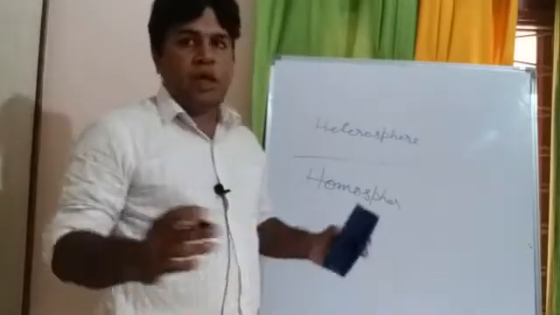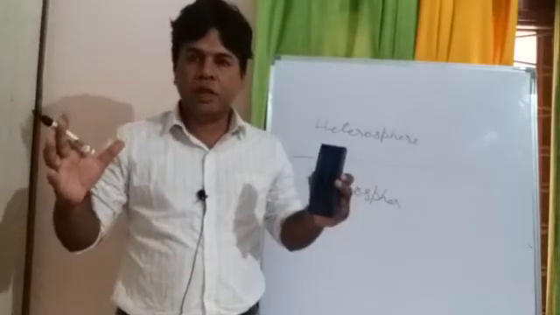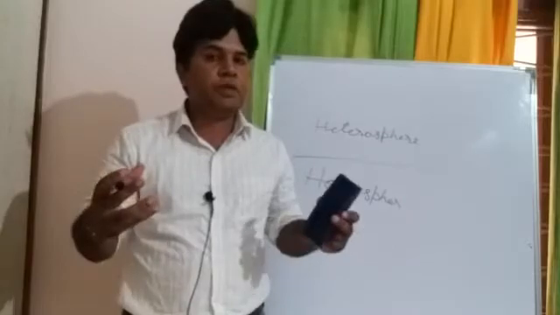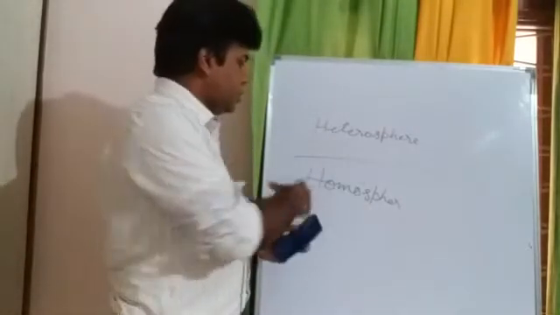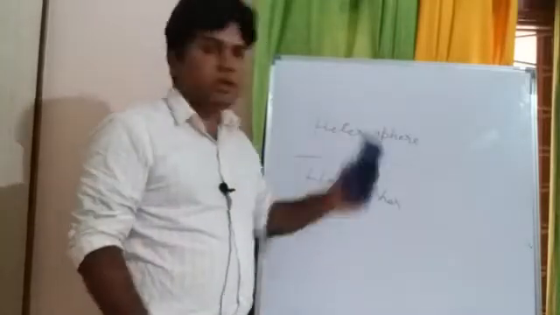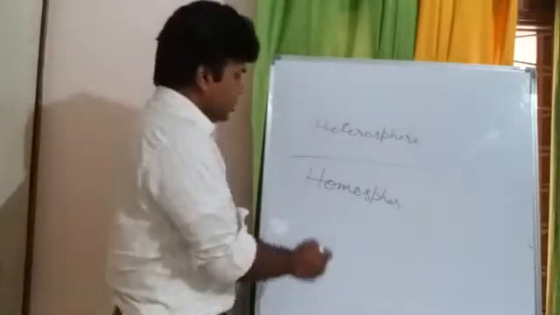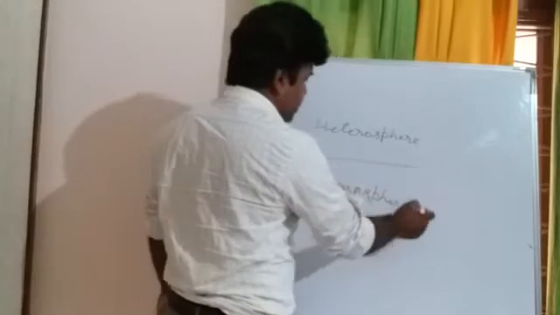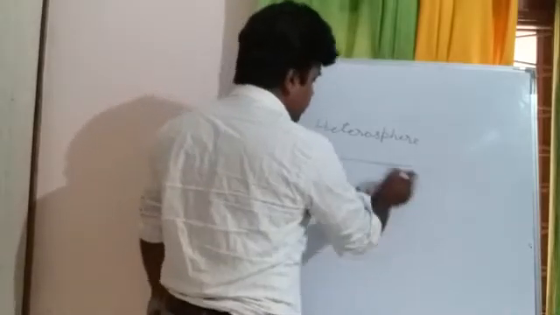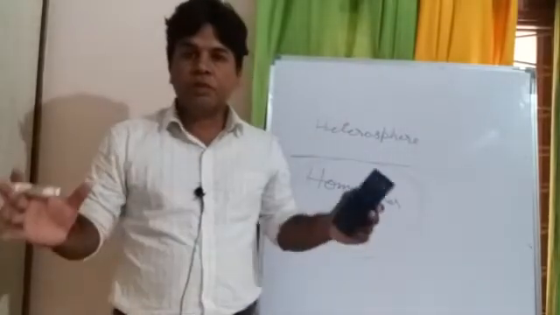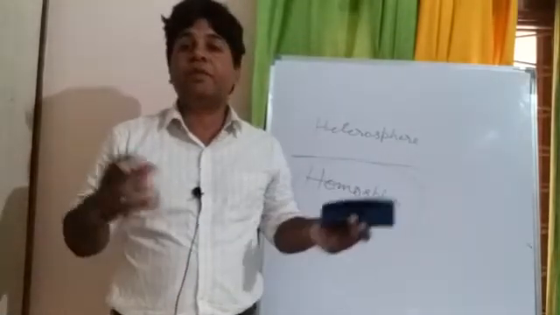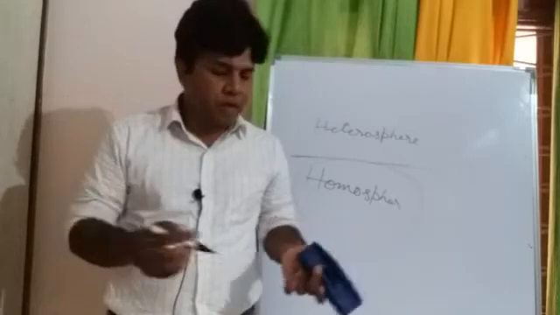So, if you classify the atmosphere on the basis of composition, then you have two different zones, one is homosphere, another is called heterosphere. Why is this area up till some height called homosphere? Because in this part of the atmosphere, the composition remains the same everywhere.